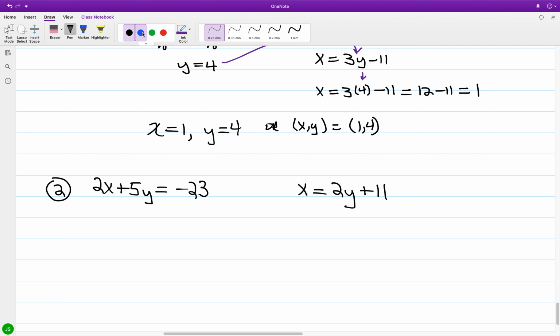And we can take the expression in which x is isolated, substitute for x in the first equation, and solve for y. So again, a bit of history repeating itself: substituting for x, solving for y.